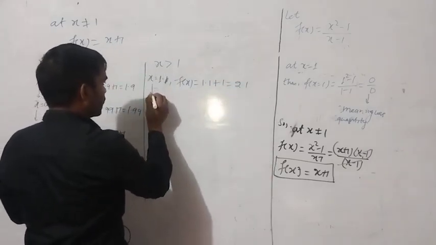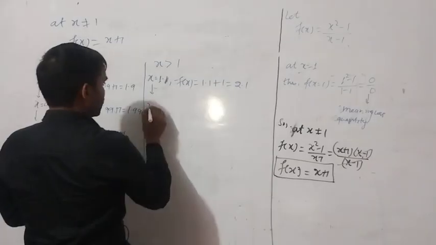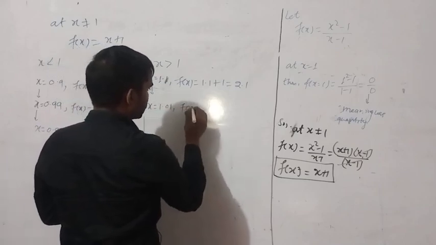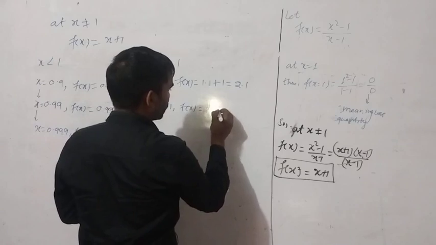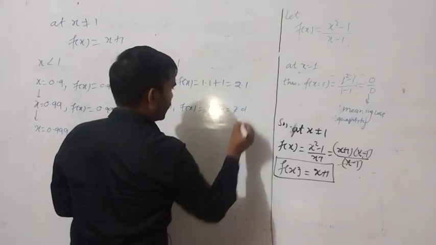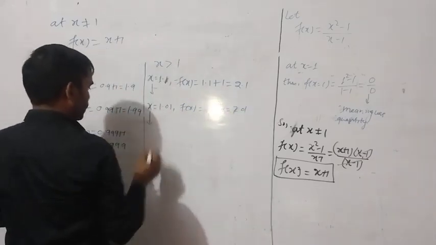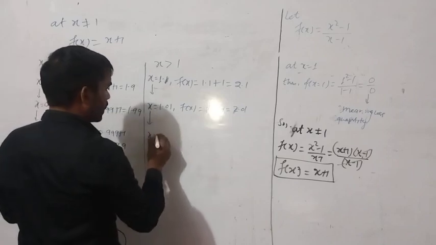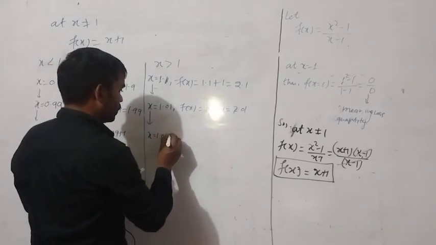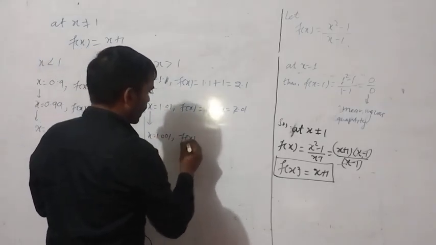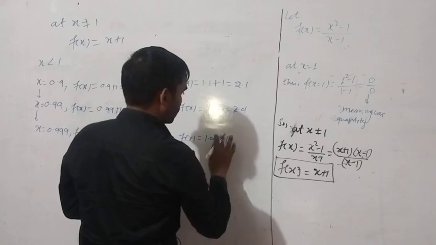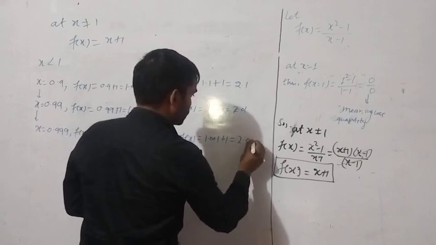Move closer to 1, taking x equal to 1.01, so the functional value is 1.01 plus 1, that is 2.01. One more step forward, x equal to 1.001. Then f(x) is 1.001 plus 1, which is 2.001.